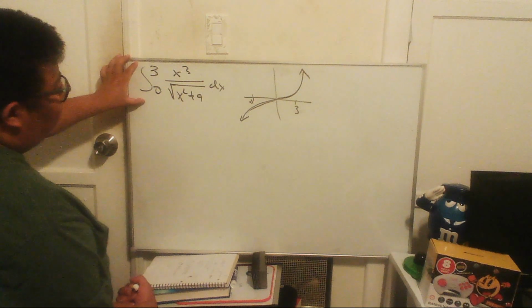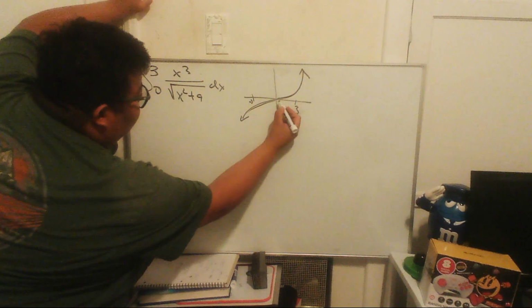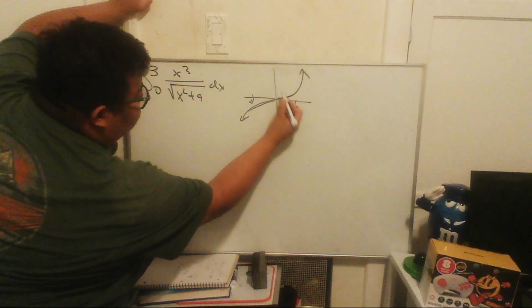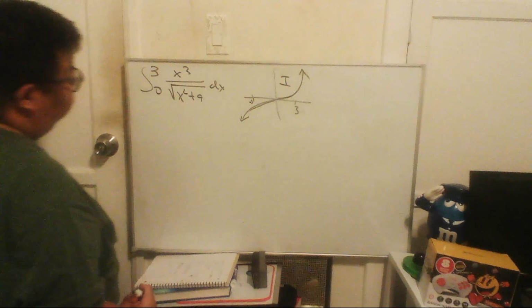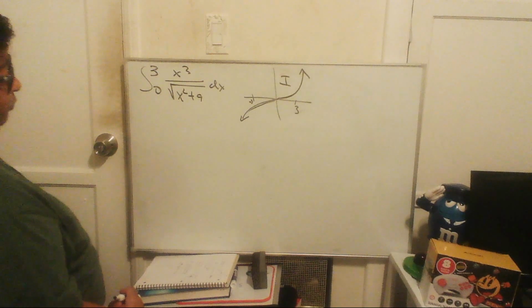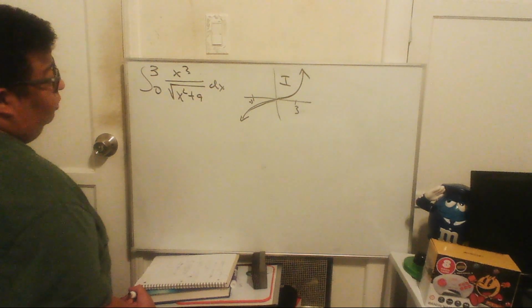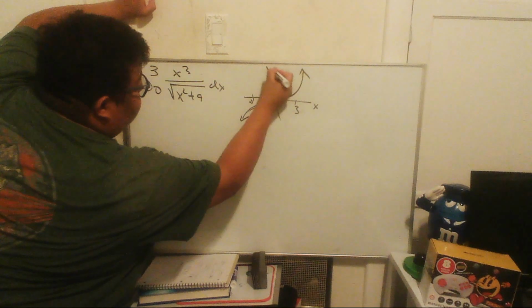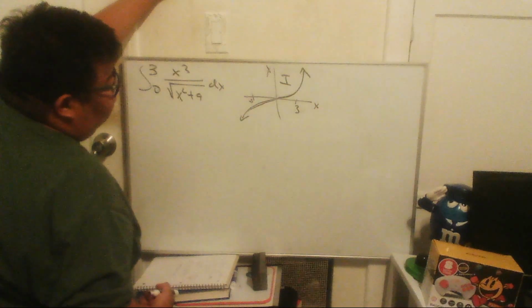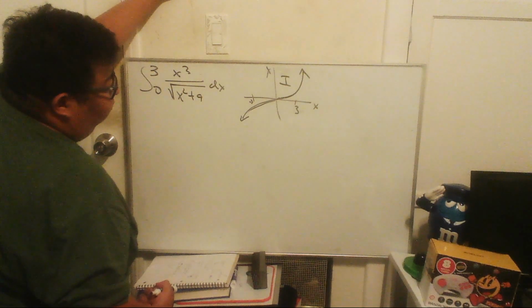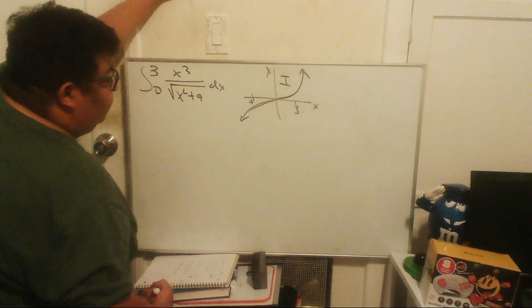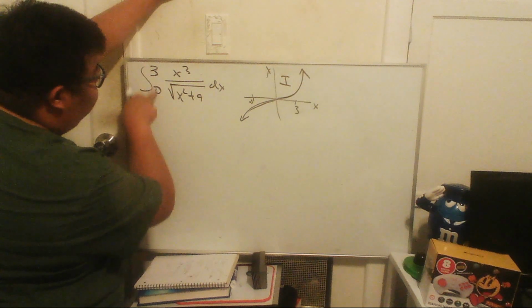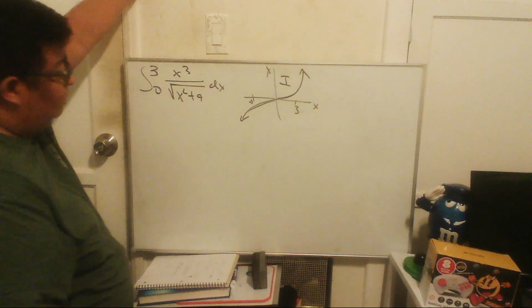So when I change the limits, I have to make sure that I'm integrating between here and here. So I'm in quadrant 1 of the coordinate system, and that's going to be crucial when you're computing your limit changes.